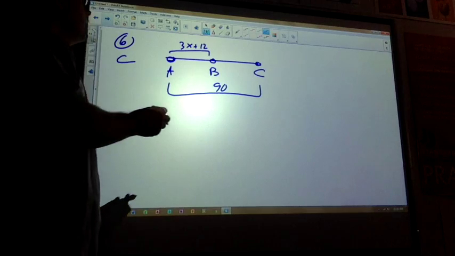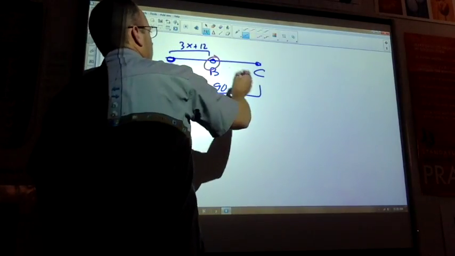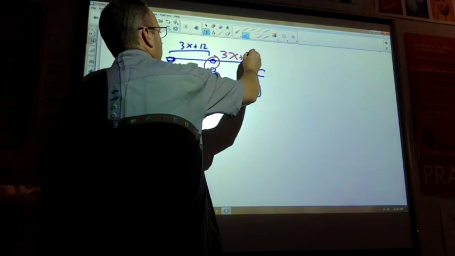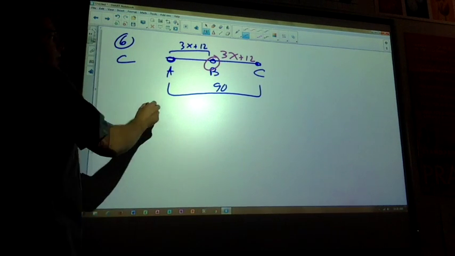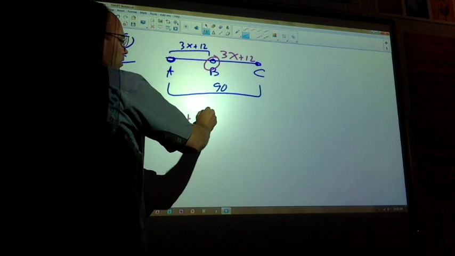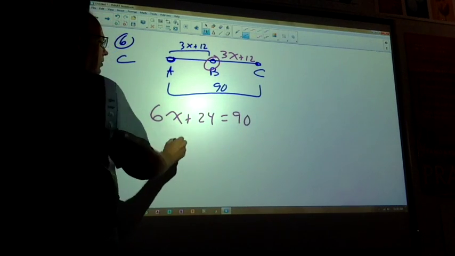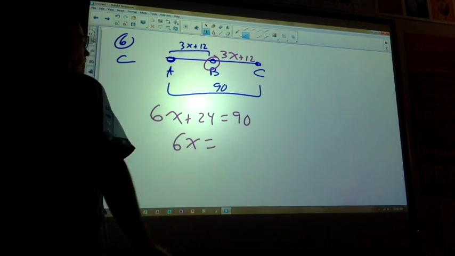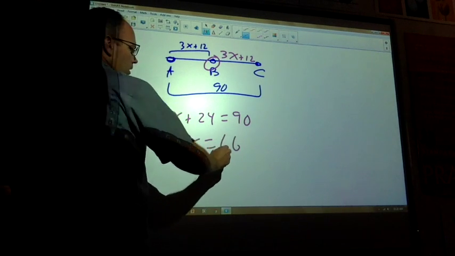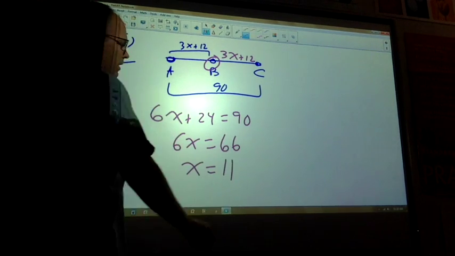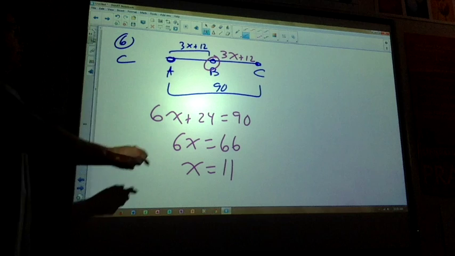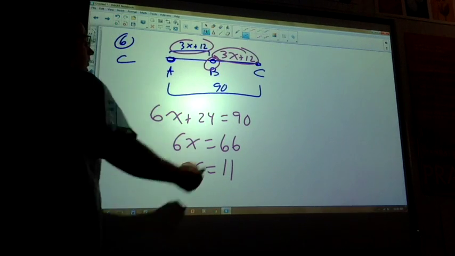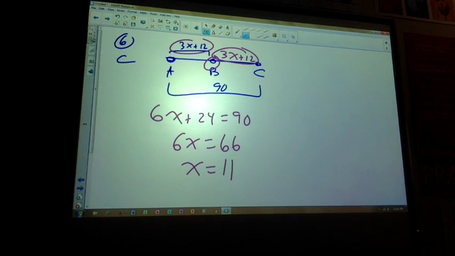If this is the midpoint, that means this also has to be 3x plus 12 because it would give you equivalent amounts by definition of midpoint, which means you could say 6x plus 24 is equal to 90. Subtract 24: 66. So x is equal to 11. And then we want to know, find x. We did. All I did is combine those together to get 6x plus 24 and set it equal to the 90 that they told us.